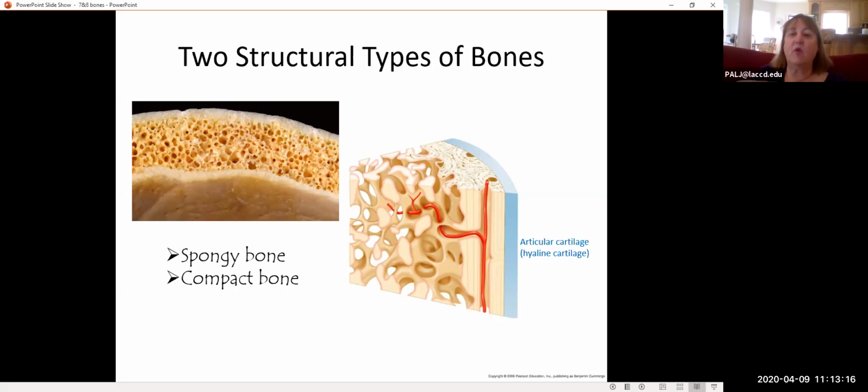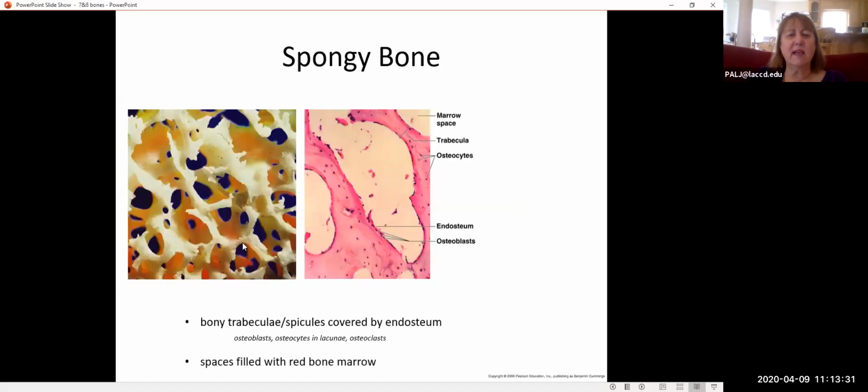And then in the deeper portions of all bones, in the medullary area of all bones, we are going to have spongy bone with its bony trabeculae filled with red bone marrow. So let's take a moment to look at the spongy bone.